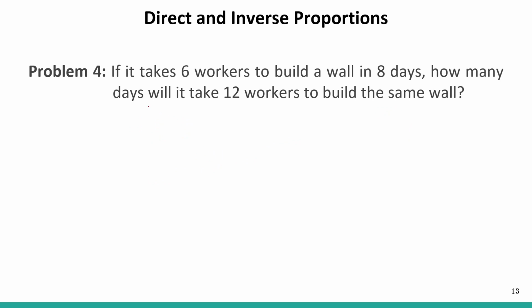So if it takes 6 workers to build a wall in 8 days, you have 6 workers here and they take 8 days to build a wall. So how much time will it take for 12 workers to build the same wall? By method 1, we can use the work time formula, that is 6 into 8 is equal to x into 12, right?